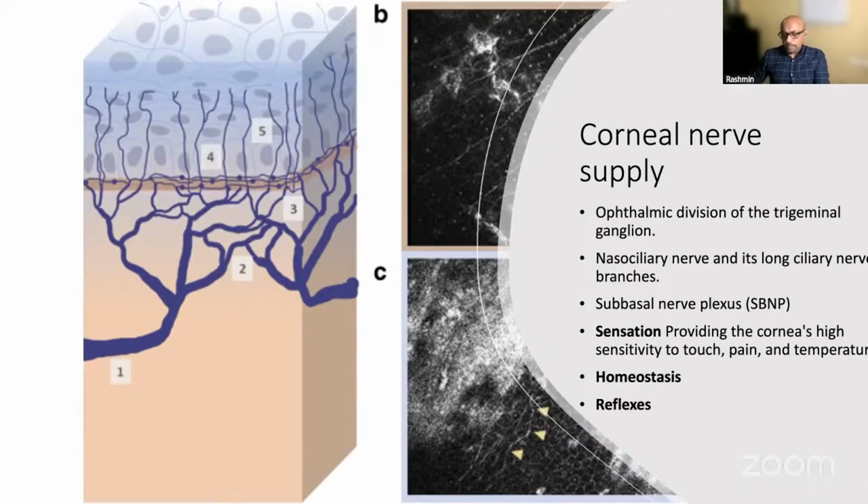A couple of important points will help us understand this blink reflex. One is the cornea has what is known as the subbasal nerve plexus. In other words, this plexus covers a wide area with a single nerve fibril.